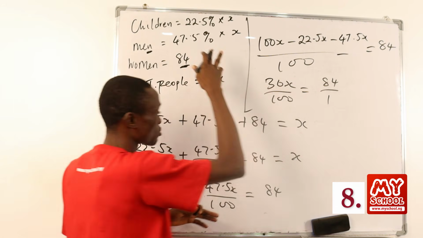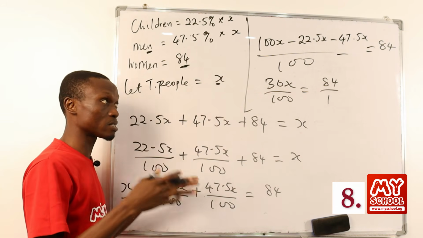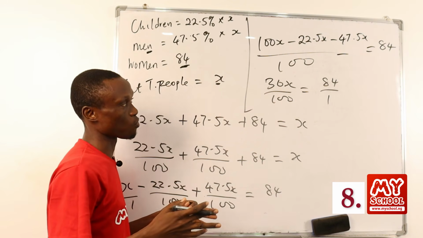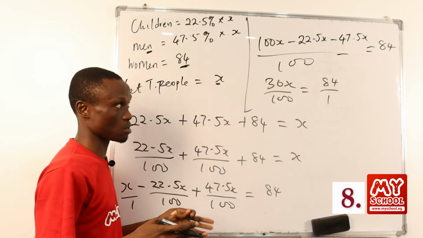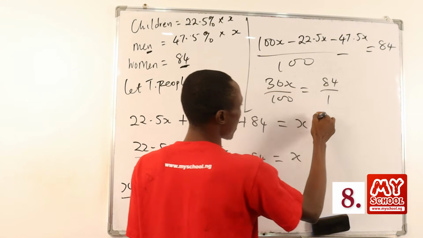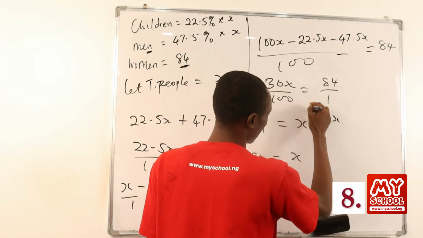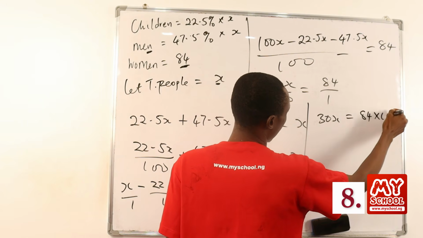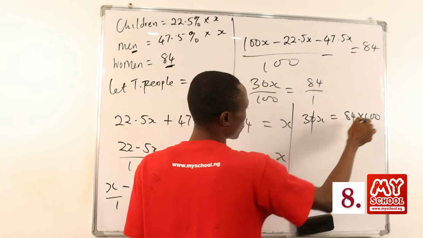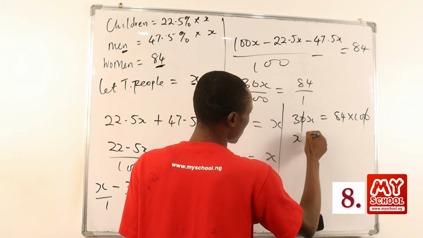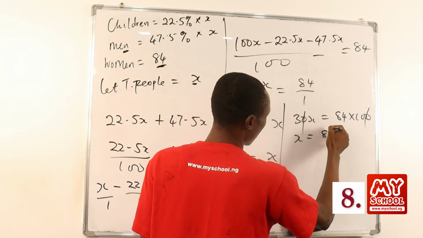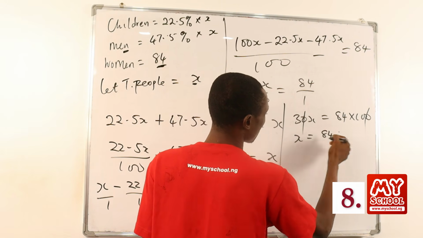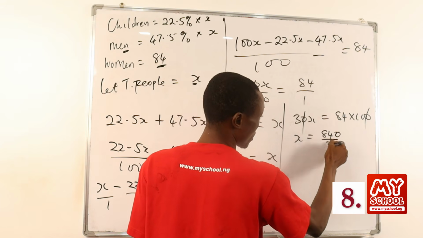So basically what I'm seeking to do here is just to get the total number of people in the cinema hall first. So if we cross multiply, we'll be having 30x is equals to 84 times 100, right? So 0 will take out 0. So we have x to be equals to 84 times 10, that is 840 divided by 3, right?